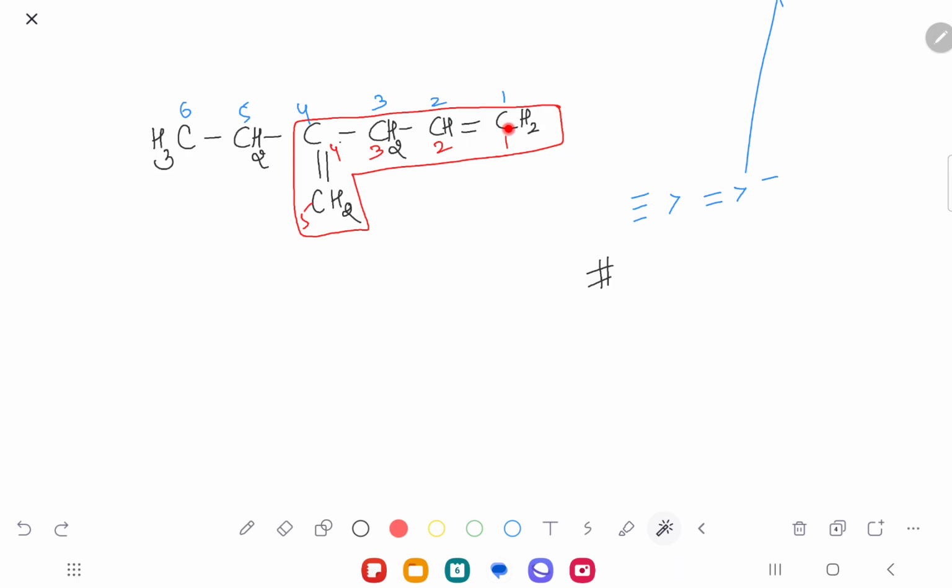Even though it is a smaller chain, it consists of the most important bonds. So I will consider this 5 carbon chain as my main chain. You understand? Because it contains both the double bonds.